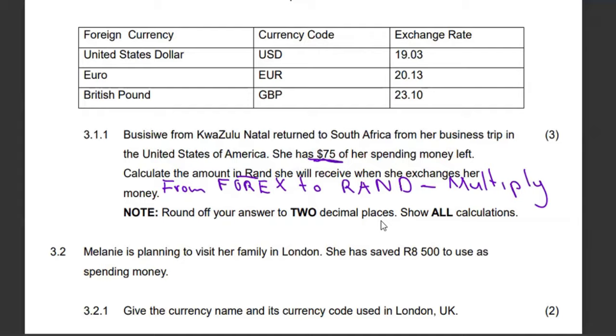We take our $75 multiplied by our exchange rate, which is 19.03.